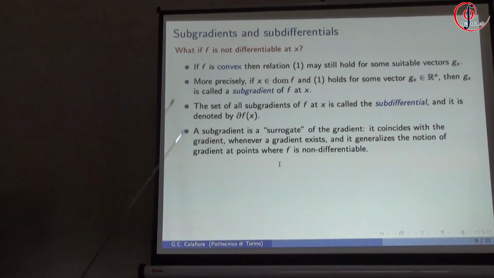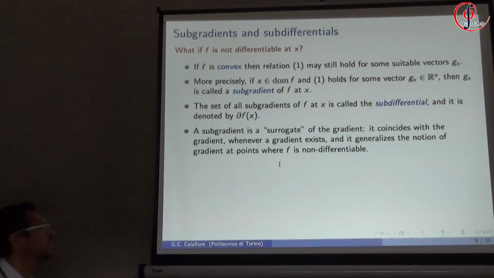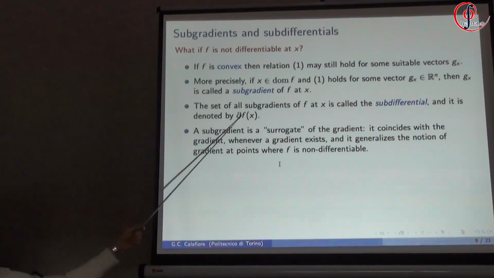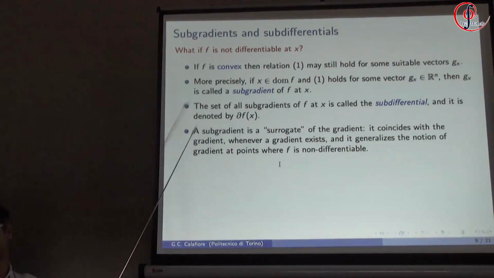And the set of all subgradients, so all vectors such that that bounding relation holds, is called the subdifferential of function f at x, and it is denoted by this notation. So this is not a partial derivative, it's a notation denoting the subdifferential, which is a set containing all the subgradients of a function.